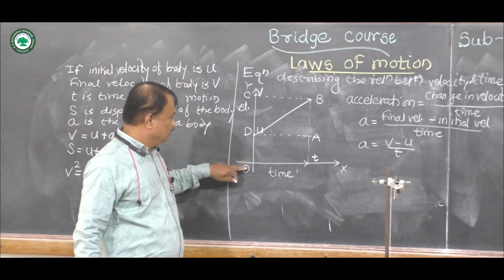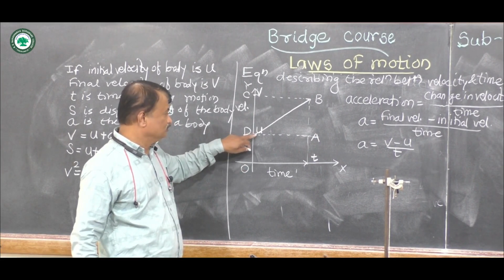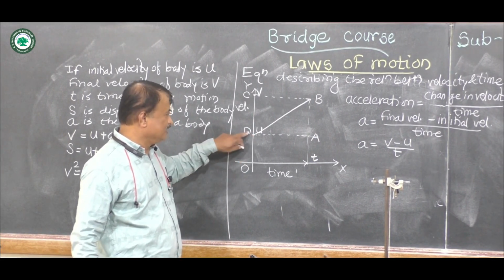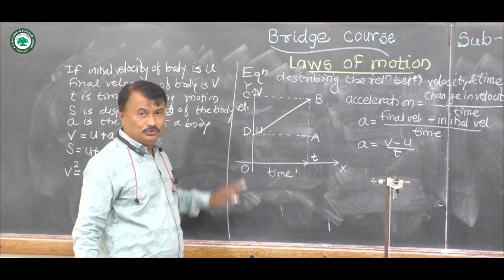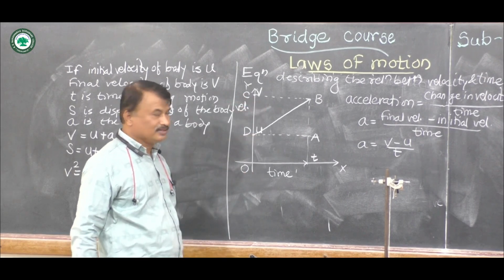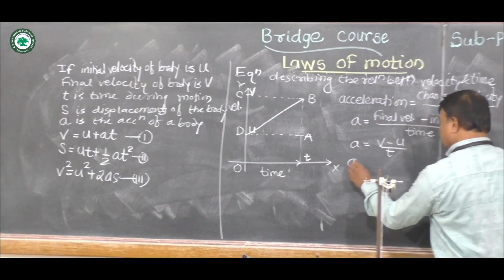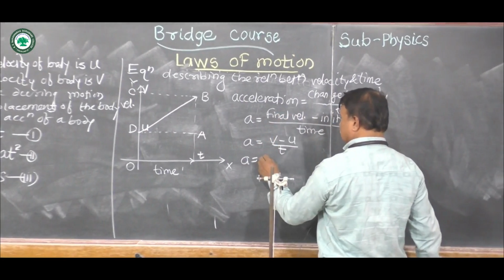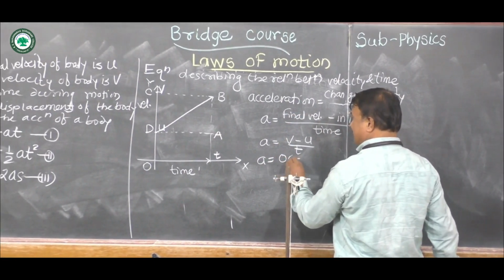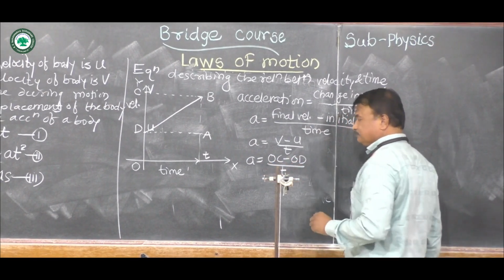Now the body moves with initial velocity u. So this distance OD is equal to u. And final distance OC is equal to v. So we get a equal to OC minus OD upon t.